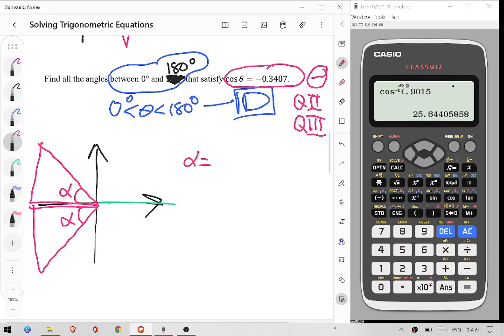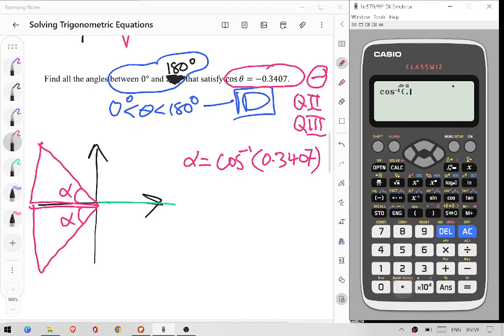What is alpha? Alpha is the inverse cosine of 0.3407. Don't forget to ignore the negative sign. So we get 70.08 degrees.